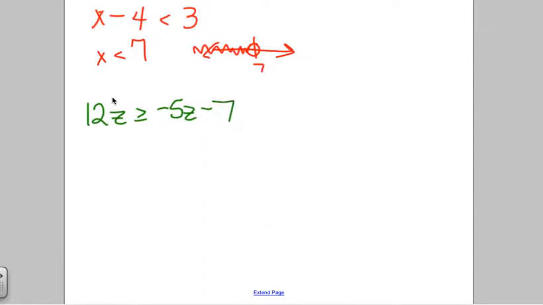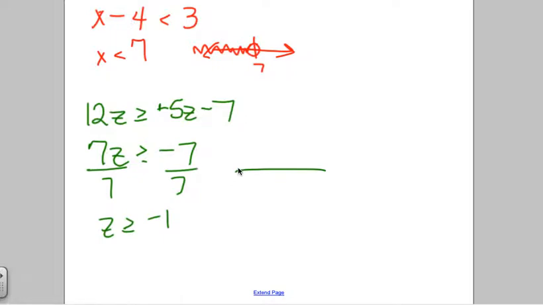Still going to add here, so let me change this to a positive so it comes out even. I'm going to subtract that, so it's 7z greater than or equal to negative 7. I'm going to divide by 7, so z is going to be greater than or equal to negative 1. To plot that on the number line, I'm going to go to negative 1. It's going to be a closed circle because I have equal to, and it's greater than, so I shade to the right.